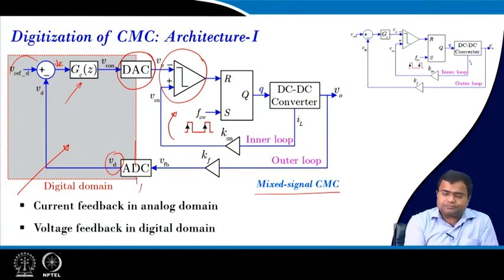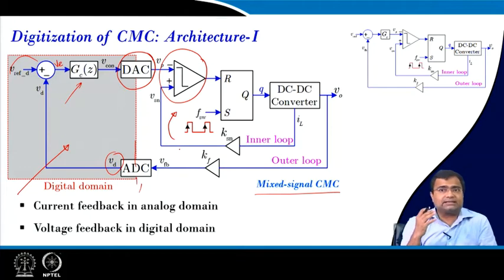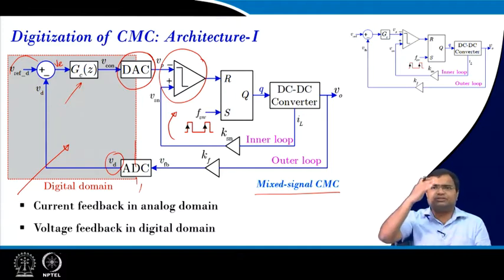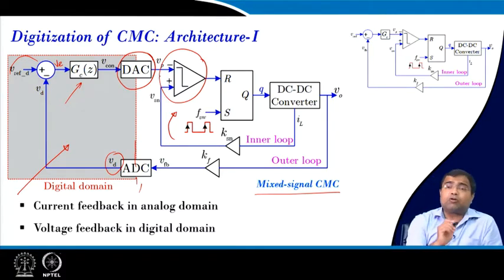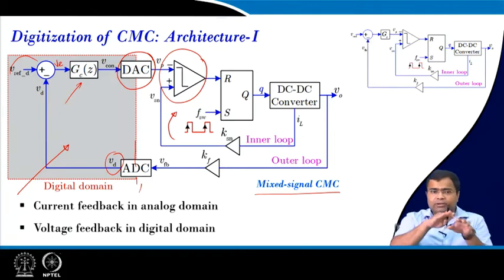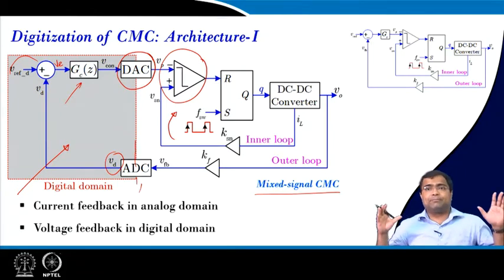Another issue: since you are sensing the inductor current, there can be noise in the current, particularly switching noise. That means when the switch turns on and off, there will be some spike, and this is compared with the analog version of the digital signal, which will be constant if you take one sample per cycle.